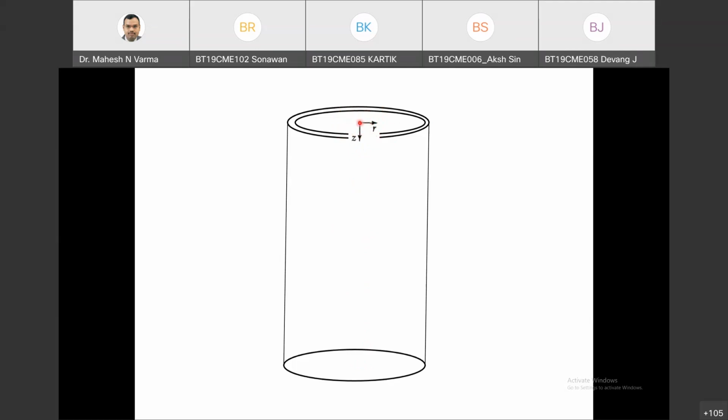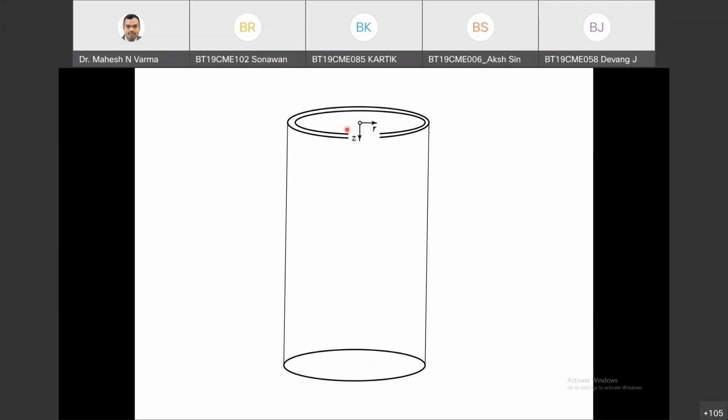So r varies from 0 to capital R, where R is the radius of the tube. Z varies from 0 to L, where L is the length of the pipe, and theta varies from 0 to 360, not 180. This is 90, this is 180, this is 270 and 360.